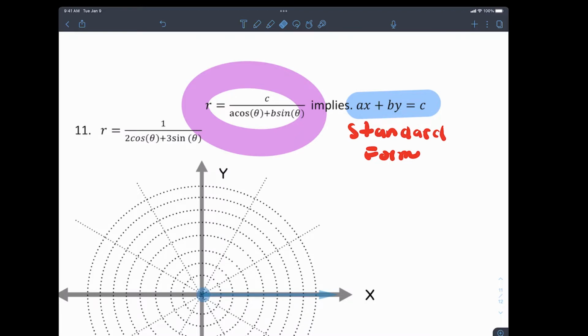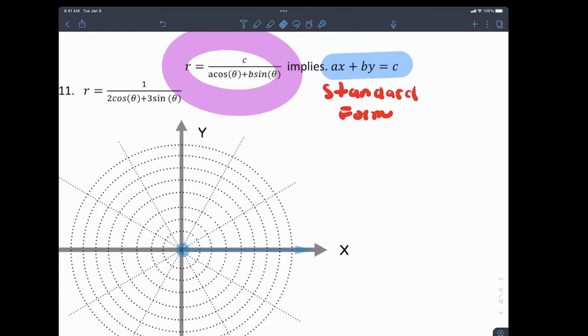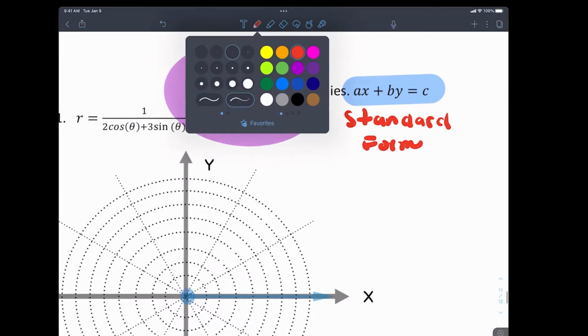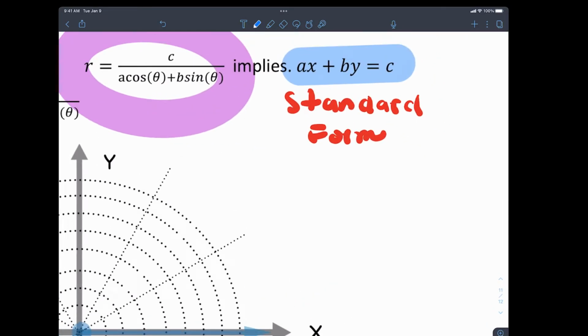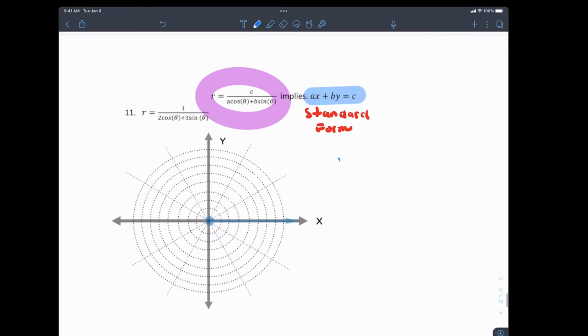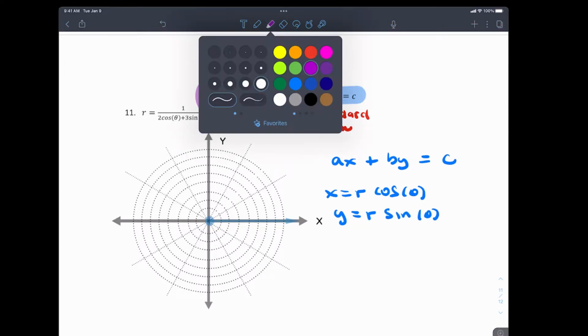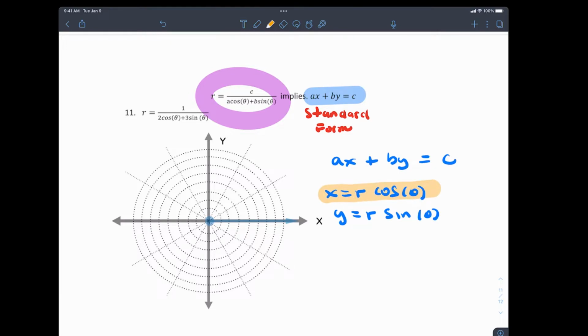Let me share with you guys where this comes from, just to show how to convert that. Remember, we have this rectangular version. This is the standard form. Do you guys remember that? And we know x is r cosine theta, and y is r sine theta. We know that from yesterday. Here's the x, here's the y.